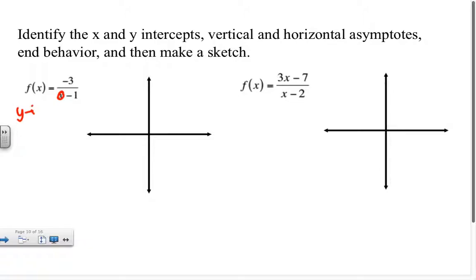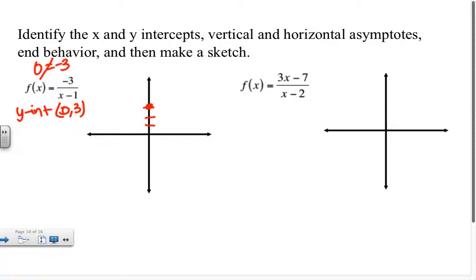So my y-intercept is (0, 3). And for my x-intercept, if I plug in 0 for y and set the numerator equal to that, I would get 0 equals negative 3, which is not true, which means I don't have an x-intercept.